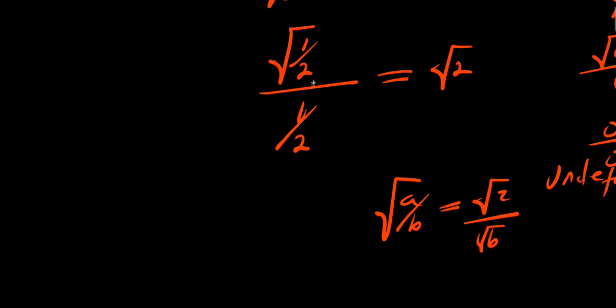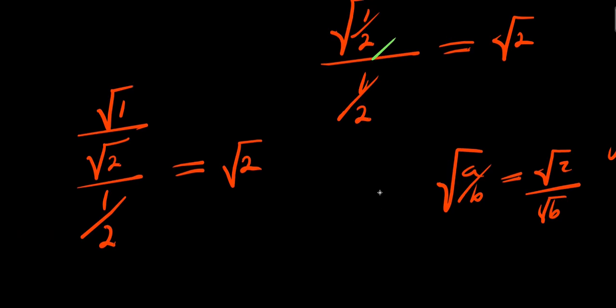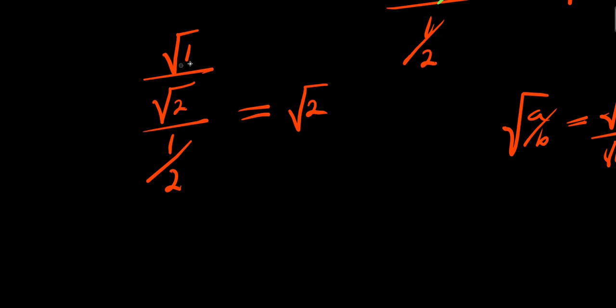That means, applying that here, we are going to have square root of 1 divided by square root of 2, divided by 1 divided by 2, equals root 2. So square root of 1 here is 1, divided by square root of 2, divided by 1 divided by 2, equals root 2.